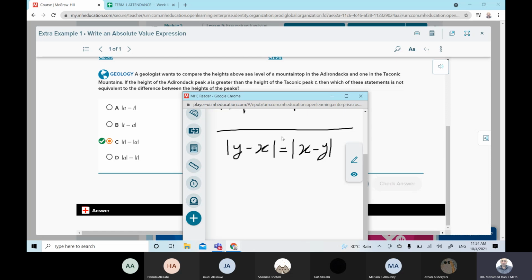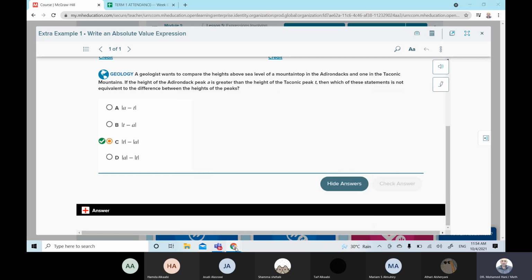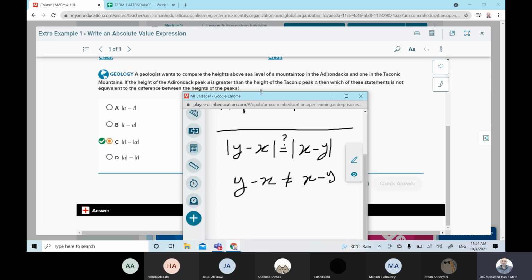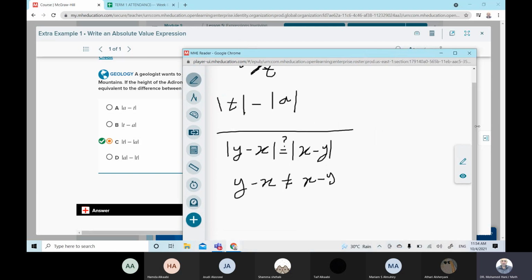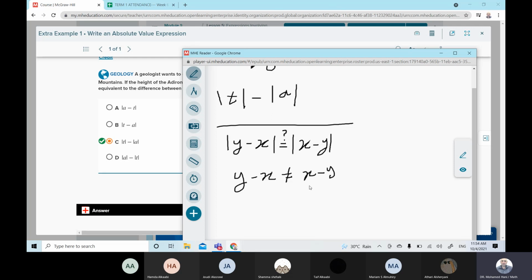Is it correct here? Without absolute value, Y minus X is not equal to X minus Y. This is different. See here. Suppose Y equals 5 and suppose X equals 7.